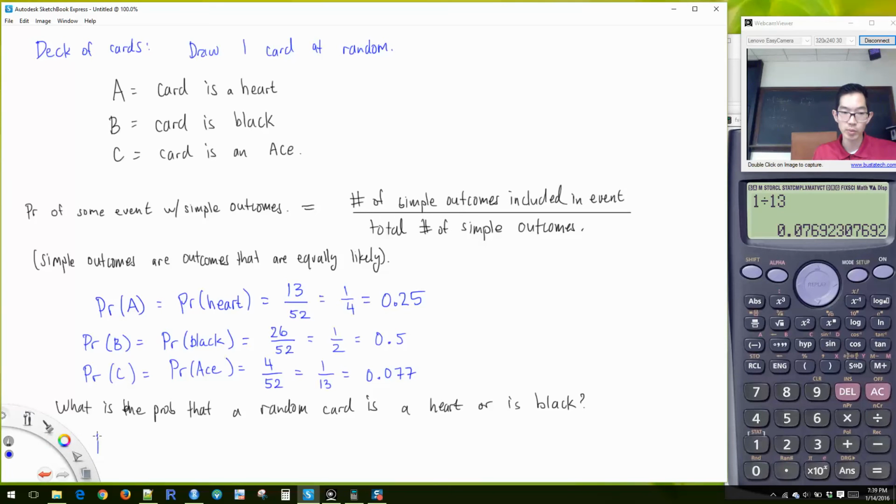So this would be the probability of heart or black. Go ahead and take a minute to solve this problem.